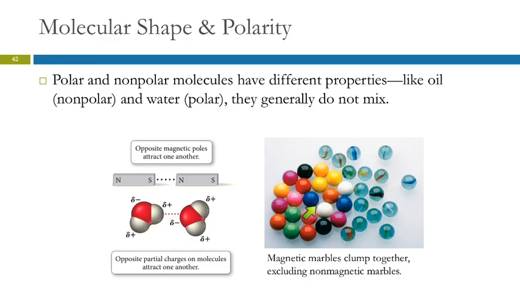The magnetic marbles are going to stick to each other, and they're going to push the glass marbles, the non-magnetic ones, out because there's no force of attraction between them. And that's exactly what oil and water do. The water molecules are attracted to each other, they bunch up, they stick together, and they push out the oil molecules. The reason that the oil floats is because it's less dense than water. But it's polarity that causes it to separate into two layers.